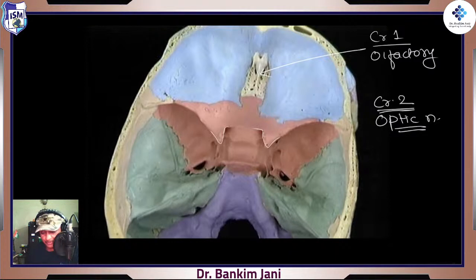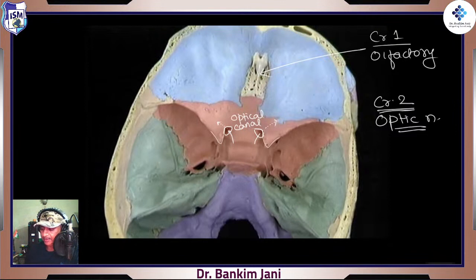So that optic nerve is going via this space, say this one, this one. So through this point, it will be entering into the orbit, right? So that is called the optic canal, right? This is optic canal, right?